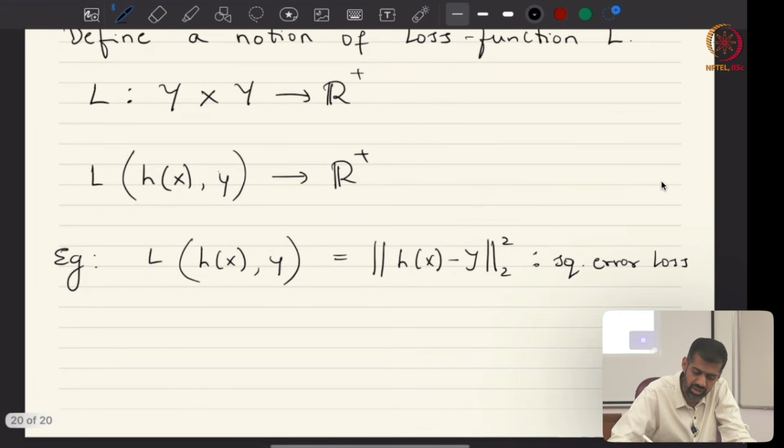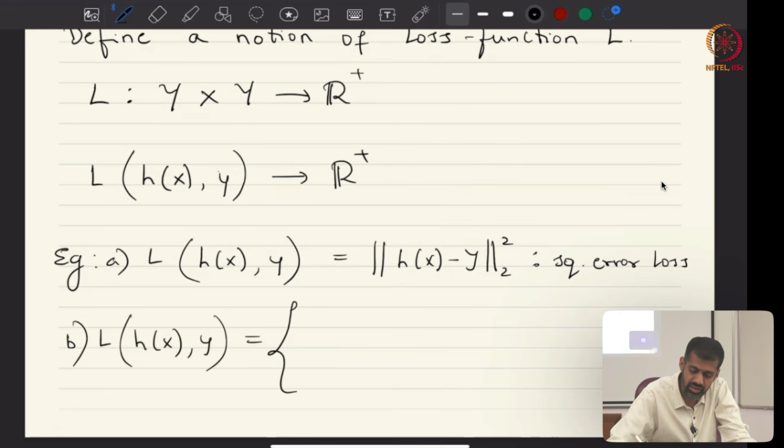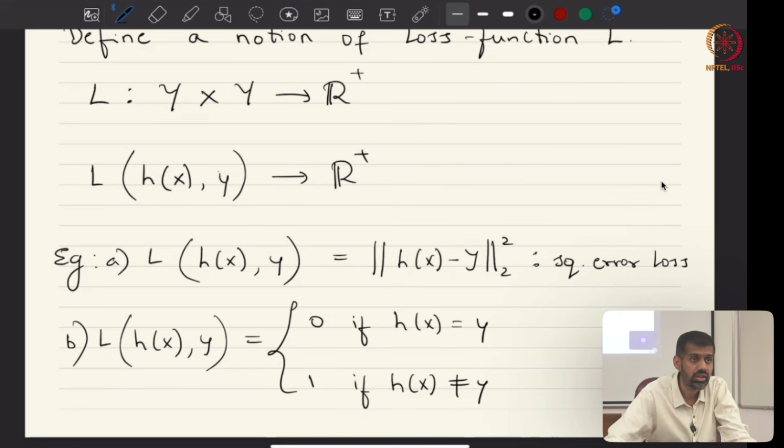Another example can be 0 if these two match and 1 if they do not. This has a name, does anyone know? This is called the 0-1 loss.